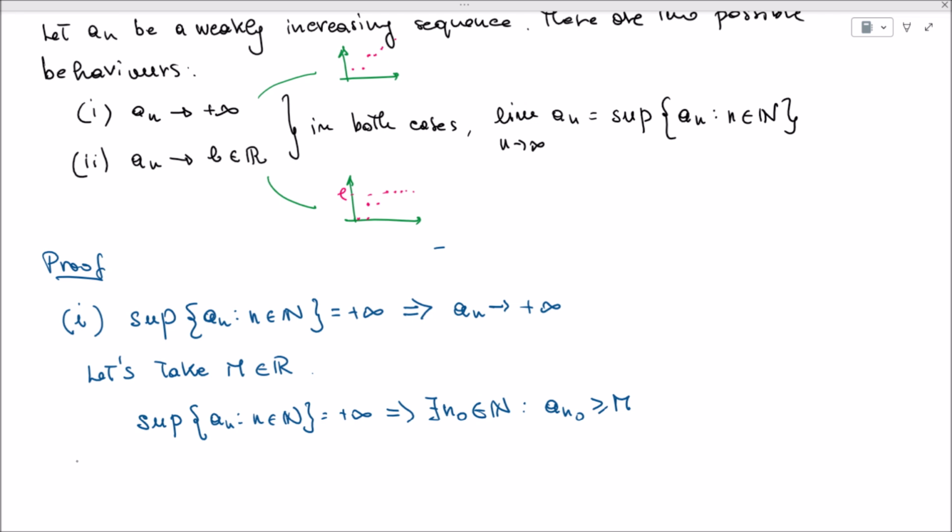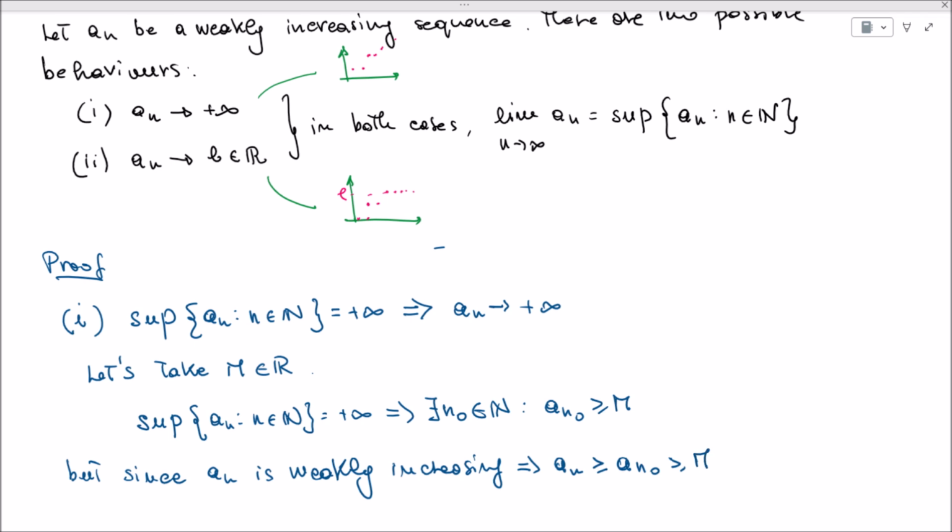But since an is weakly increasing, this implies that an will be larger than or equal to an0, which is in turn larger than or equal to m, and this must be true for every n larger than or equal to n0.